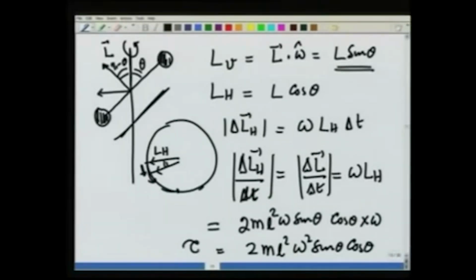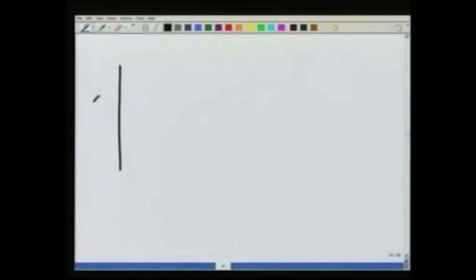Let us now take another example that we did last time, that of a rectangle rotating about its diagonal. The length of the rectangle is A and the width is B. Let us take our origin to be its center. Then it is easy to see by symmetry that these are the principal axes.